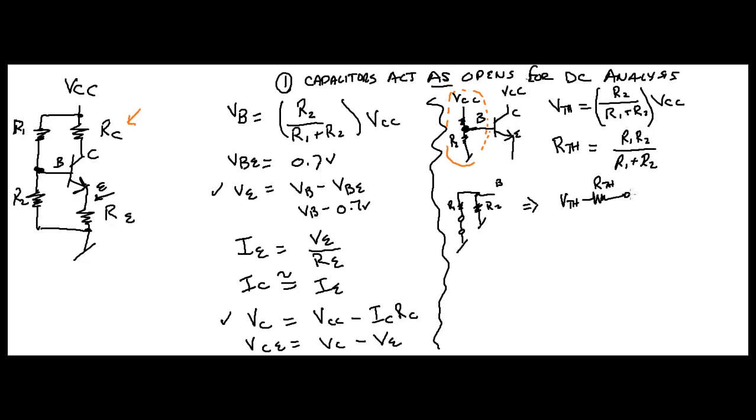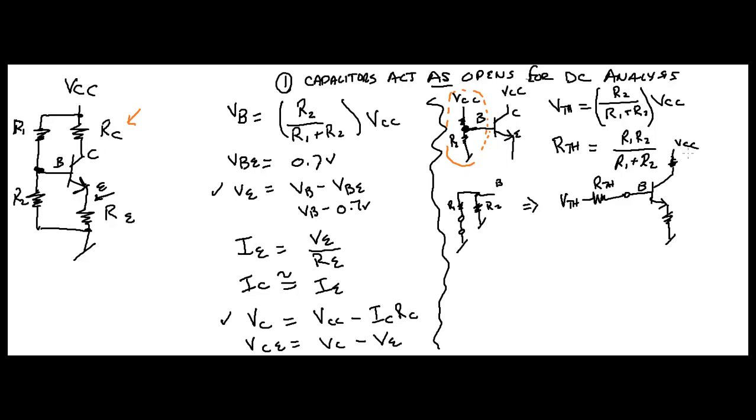And that's going to go to your base. Your base will come down like this. It'll come down your emitter to your emitter resistor, and then the ground. And this would go up through your collector resistor to VCC, right?